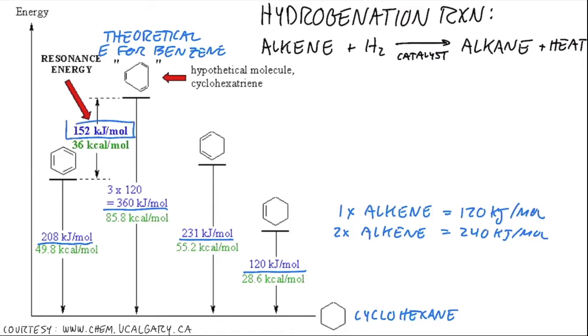That's 152 kilojoules per mole, that seems kind of out of place. It should be much higher. This is an amount of energy that is ascribed to the stability that we gain from, instead of having this theoretical, totally isolated system where none of these alkenes can talk to each other, if they can talk to each other, it saves us 150 kilojoules per mole of stabilization energy.